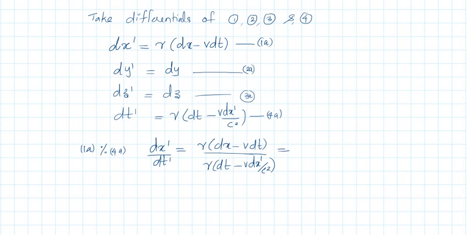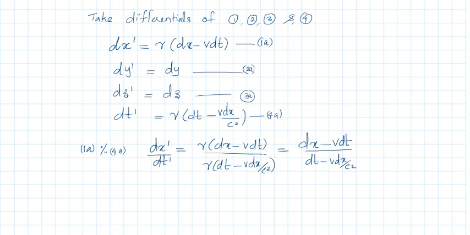Gamma and gamma will cancel, so that gives dx minus v dt divided by dt minus v dx by c square.